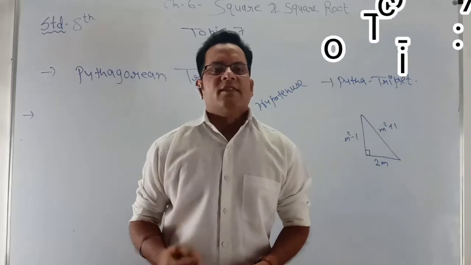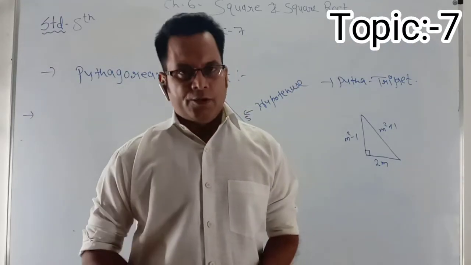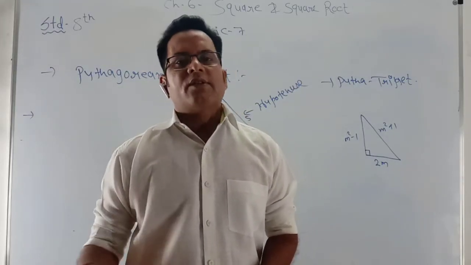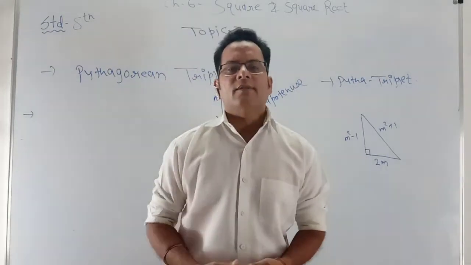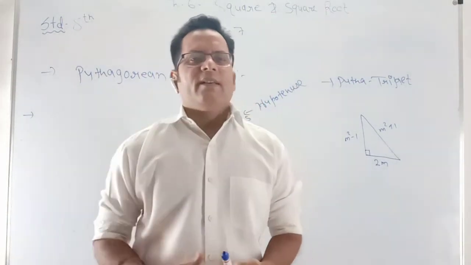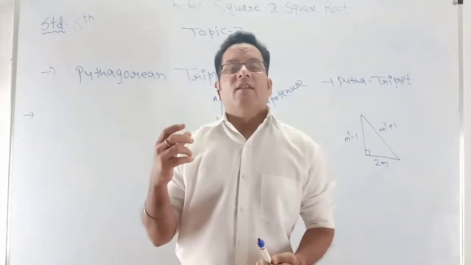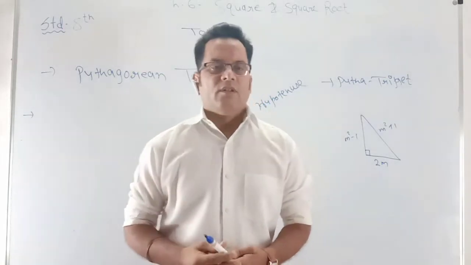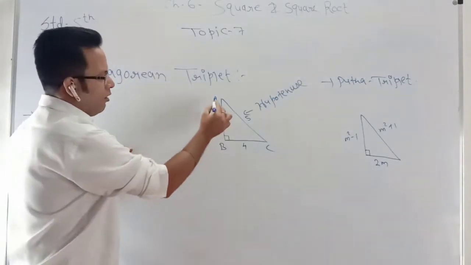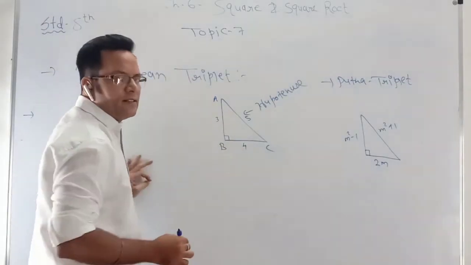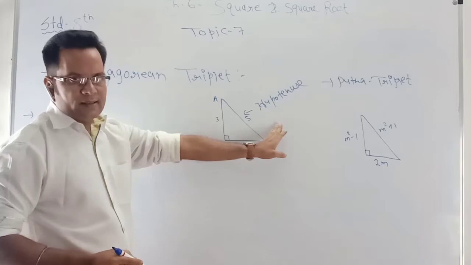And now students, Pythagorean triplet. First of all, we have to understand Pythagoras theorem. See, in Pythagoras theorem, we have to understand that the sum of the squares of two sides will be equal to the square of the third side.